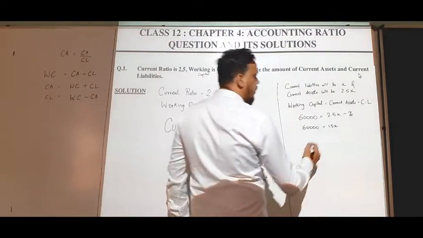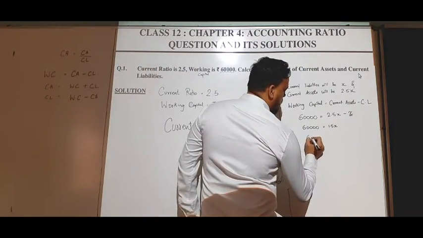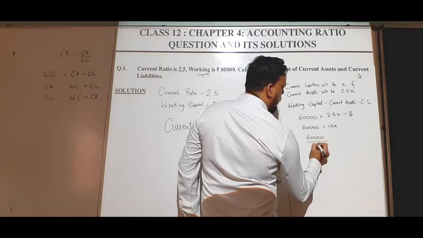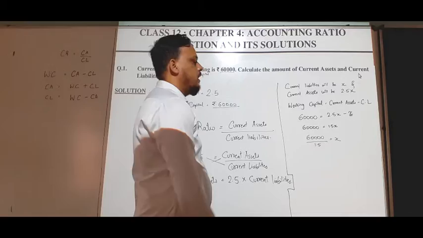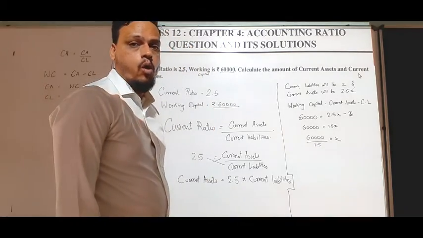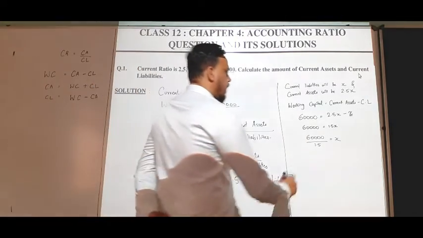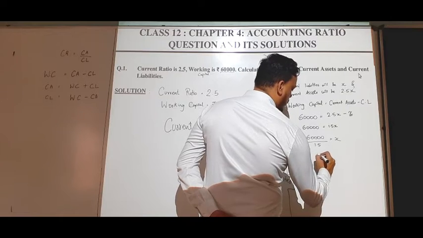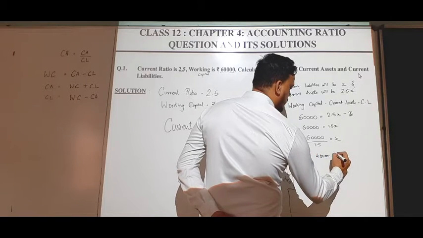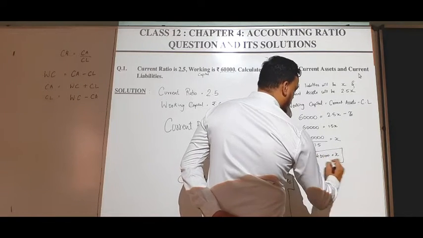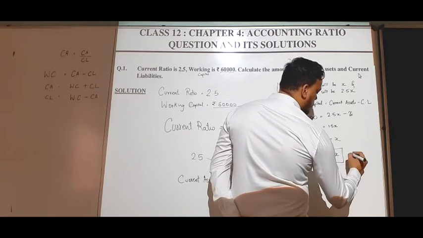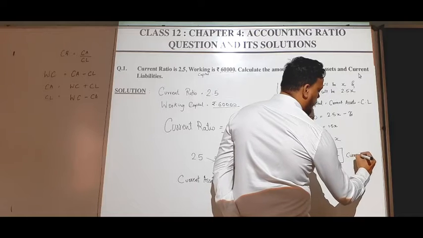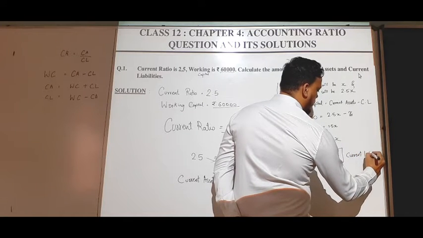Then 1.5 will come down, so 60,000 upon 1.5 is equal to x. If we cancel all the things, we will get the answer: 40,000 is equal to x. X is received by us as 40,000. X means current liability.